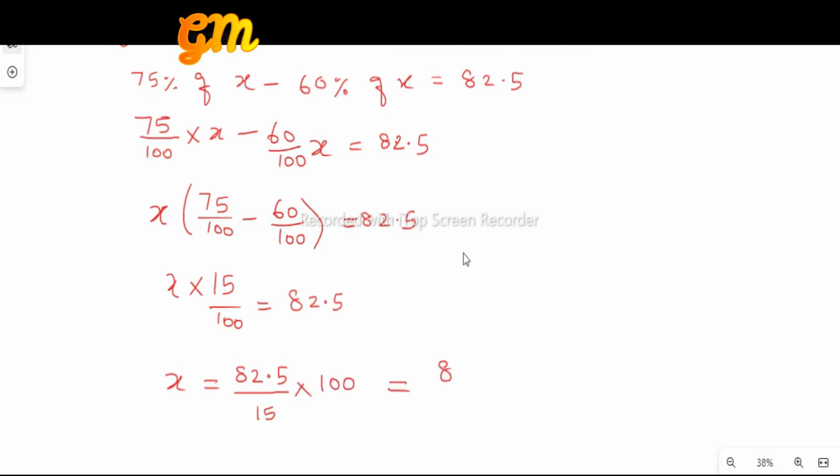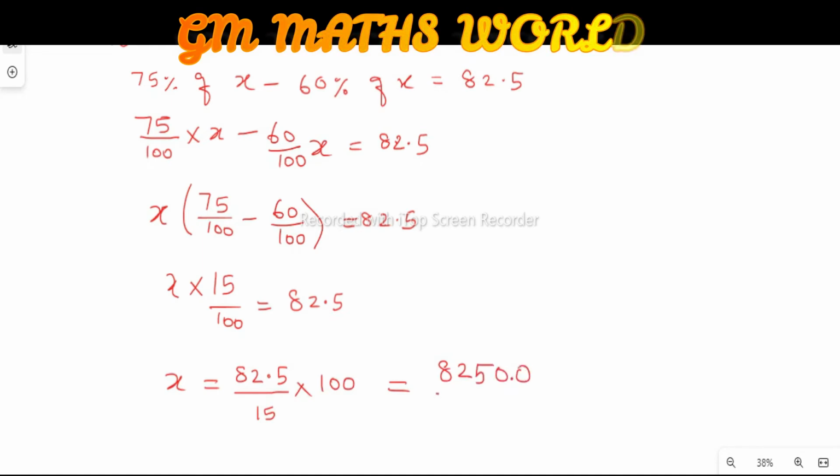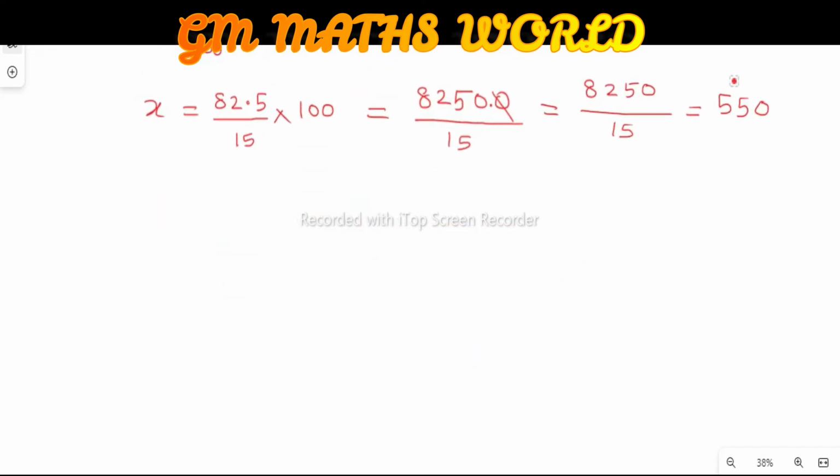So this is equal to 8250.0 by 15 after multiplying by 100, and we take the decimal digit from the end. So one decimal digit, so we have to put the decimal point, and after the decimal point all the zeros can be removed. So after removing the zeros we have 8250 by 15.